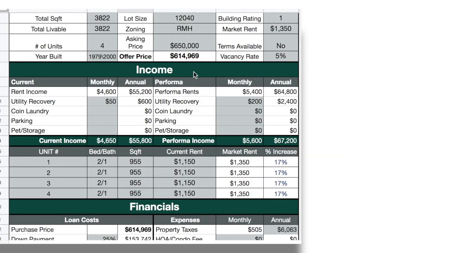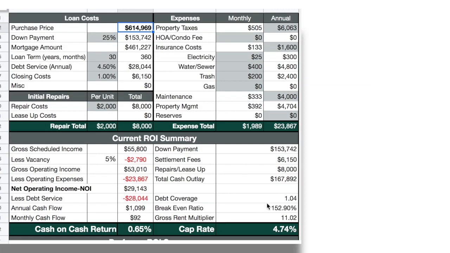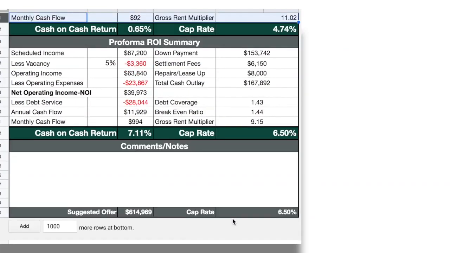So that changed the offer price to 615, and it changed your purchase price here to 615, and it changed all your other figures. Now, if I was negotiating this, I'd say, what was this at before? 6.15.